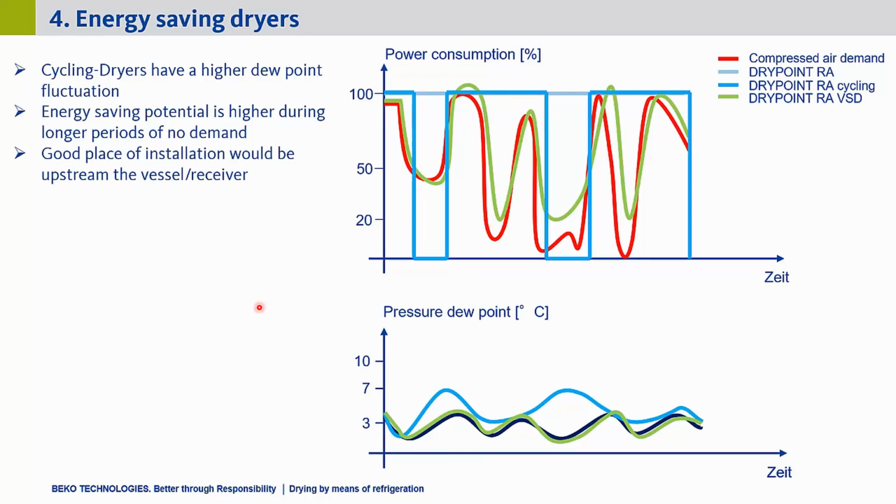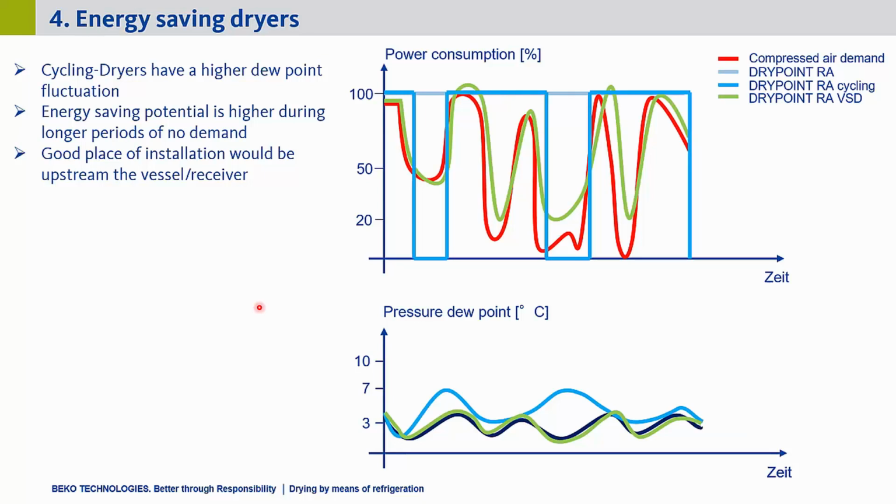A good place for installation for cycling dryers would be upstream of the vessel or the receiver. Why is that? If you install it upstream of the receiver, it only gets the amount of air that the compressor is delivering. As soon as the compressor is running, it delivers its stable amount of air, and as soon as the compressor switches off, the dryer can also switch off.